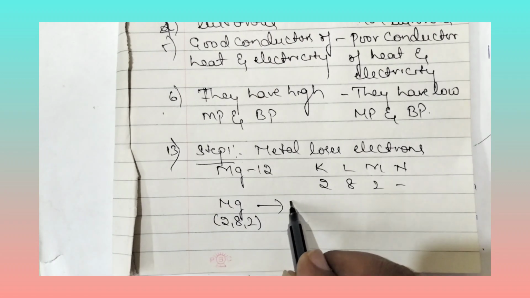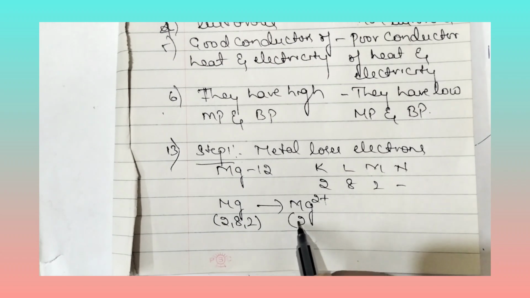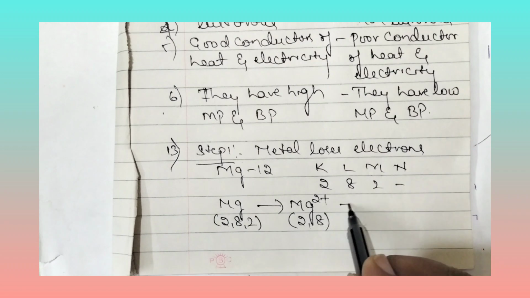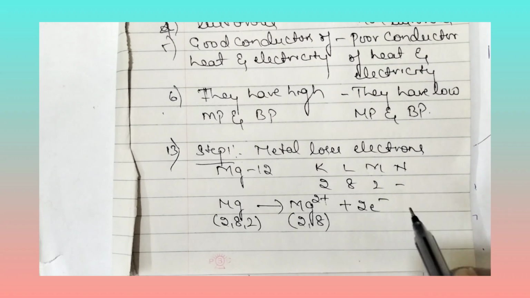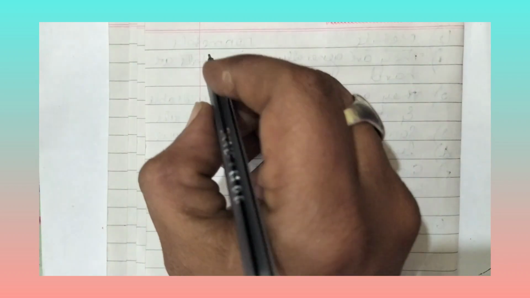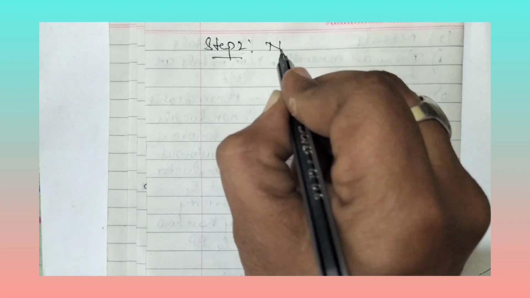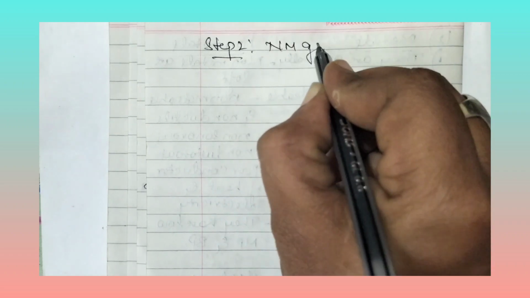By losing 2 electrons, the magnesium atom will become a magnesium ion having configuration 2, 8, and it donates 2 electrons. Next, step number 2: non-metal gains electrons.